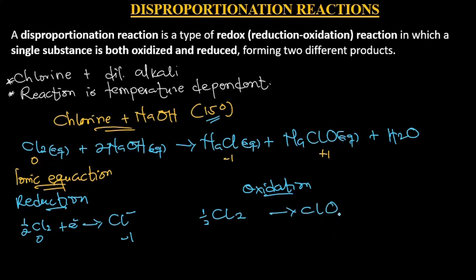We need to balance oxygen. So what happens is we have 1 oxygen here. I'm going to add 2 moles of hydroxide to the left. Now remember, this is happening in an alkaline medium, so we have 1/2 Cl2 plus 2 moles of OH minus, and then we have ClO. And to balance the hydrogen, I'm going to add 1 mole of water.